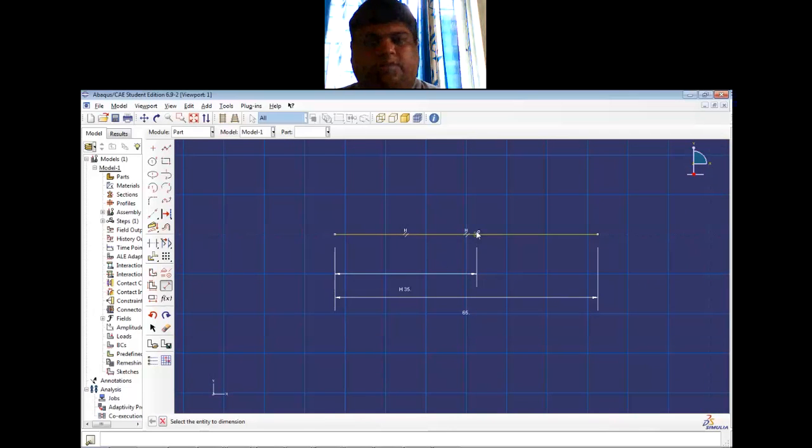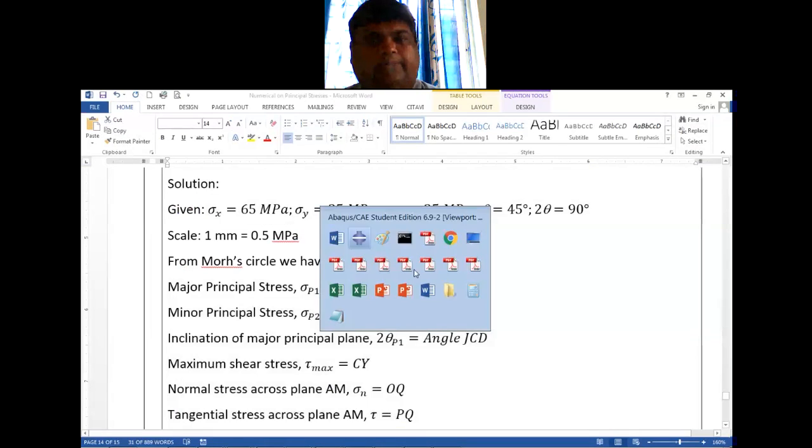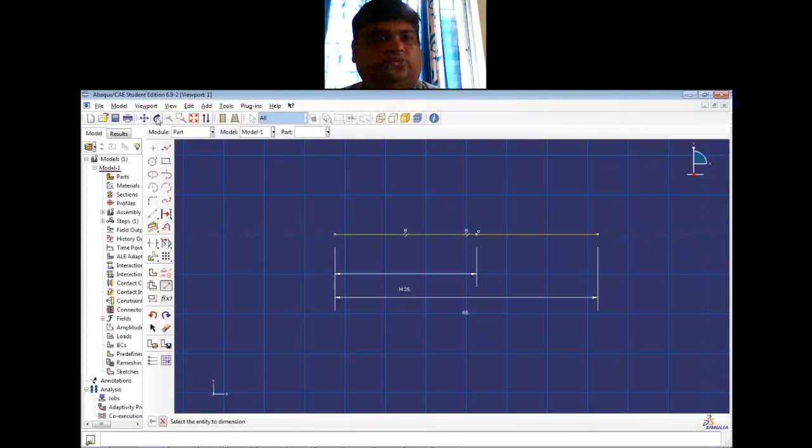Now the shear stress is 25 megapascal. So I'll just draw another line like this. Okay, so I'm just dimensioning that.